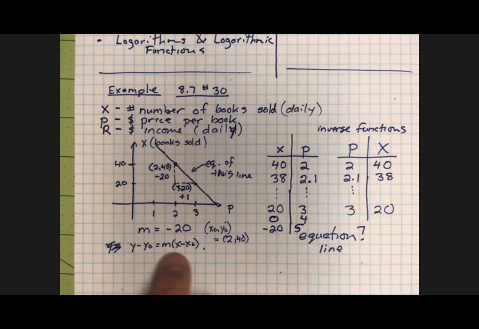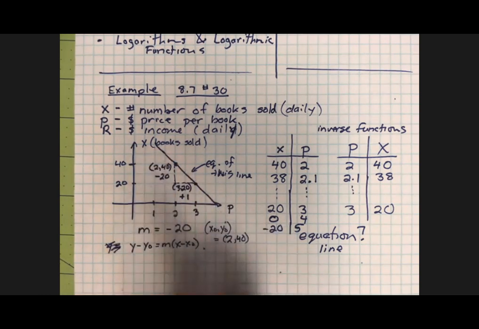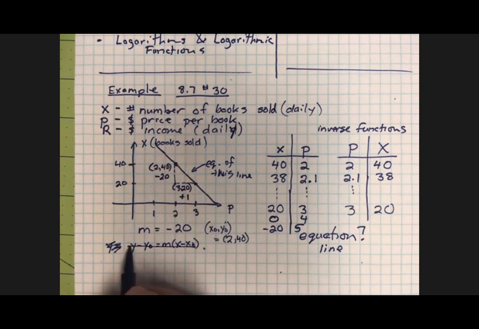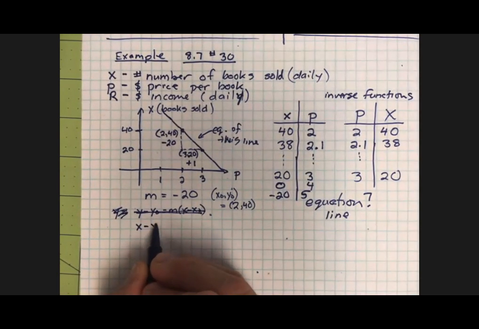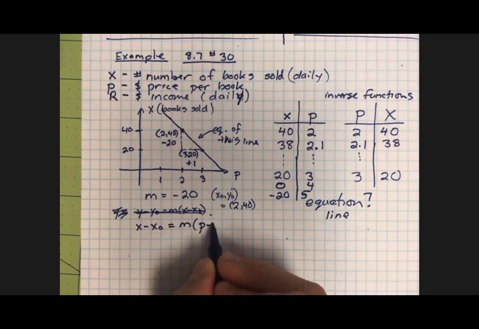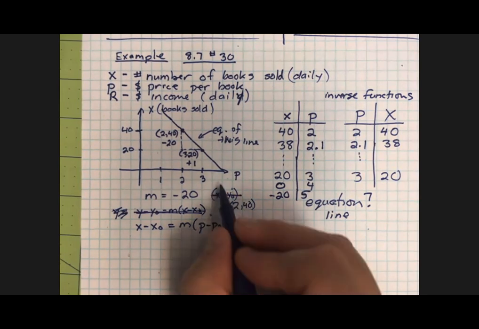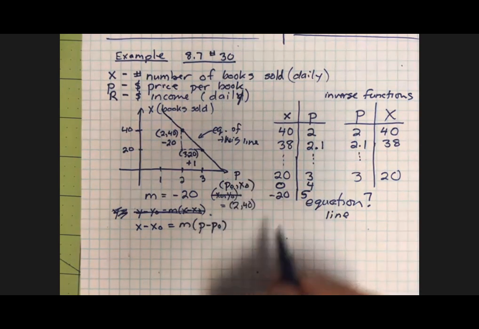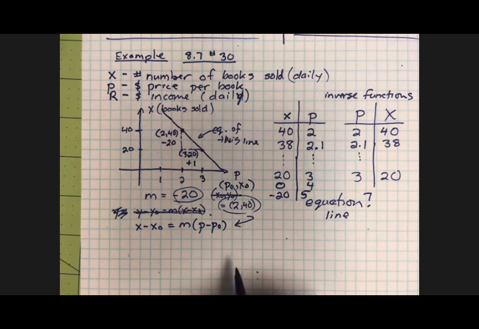I think I should make an adjustment because I usually think of lines in terms of y and x, but this is p instead of x, and x instead of y. So I maybe should write this line like this: x minus x naught equals m times p minus p naught. I should write this point 2 and 40, not as x naught, y naught, but as p naught, x naught. Okay, let's go.